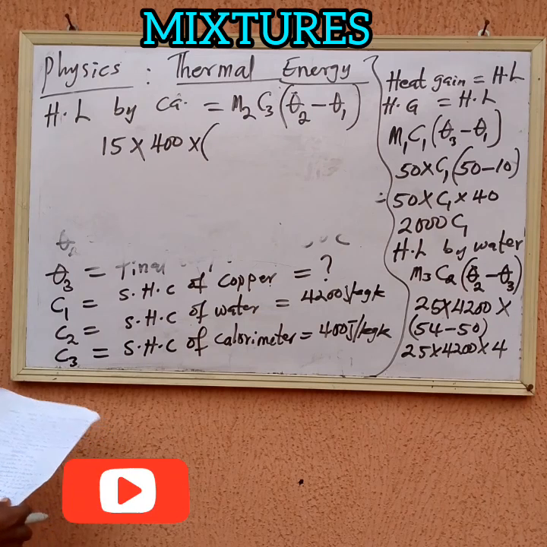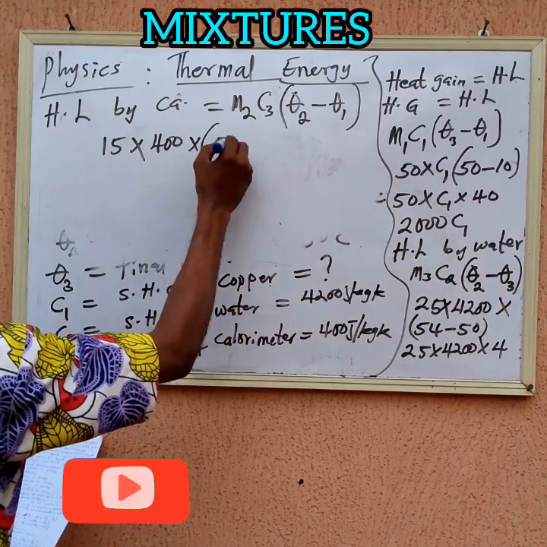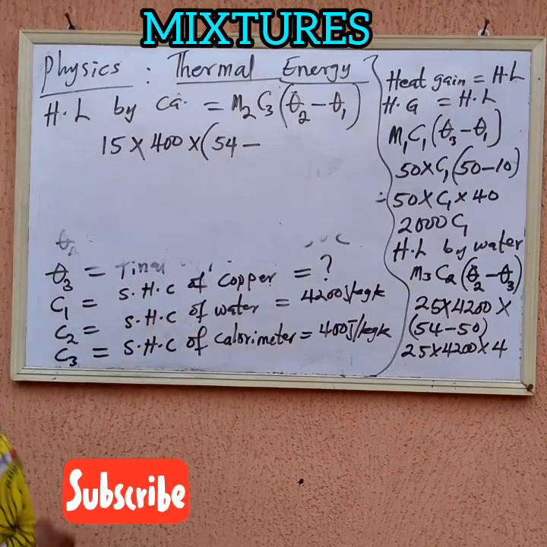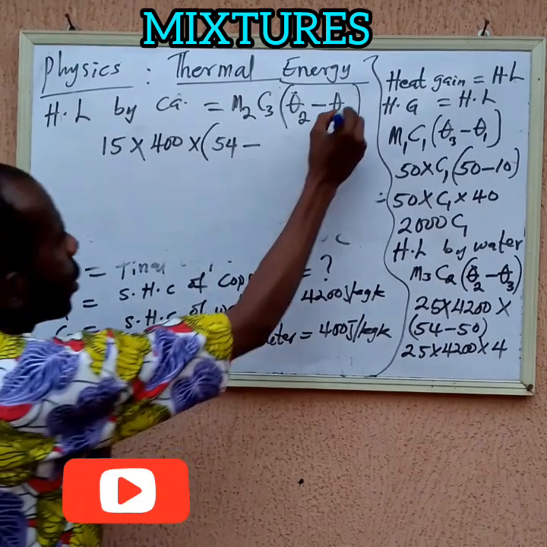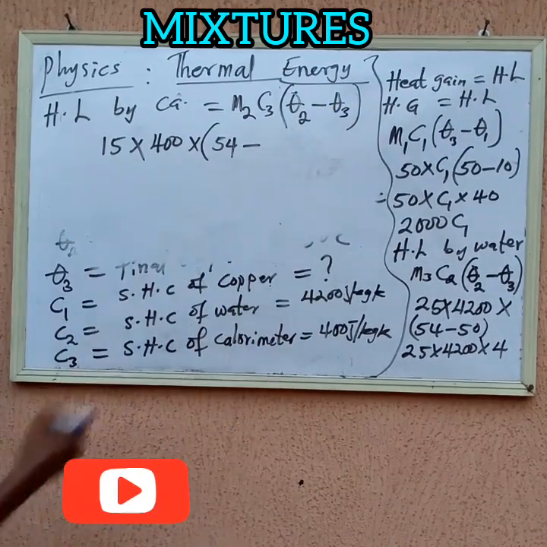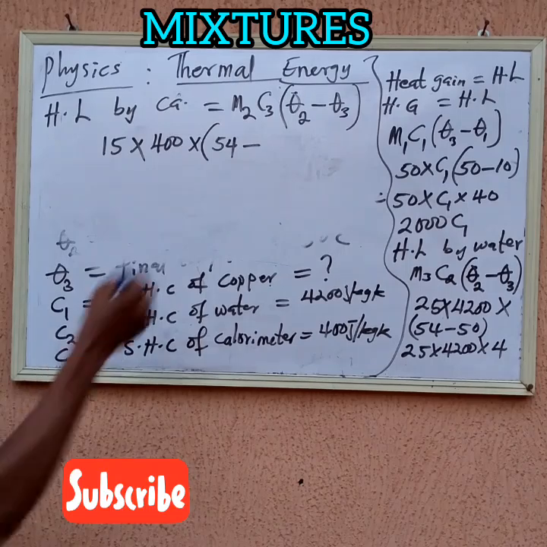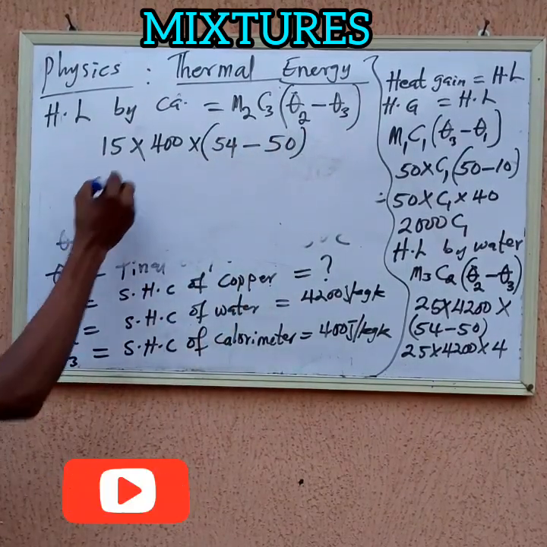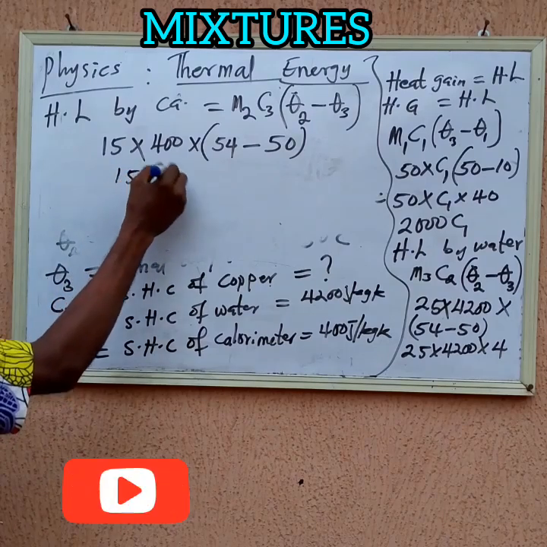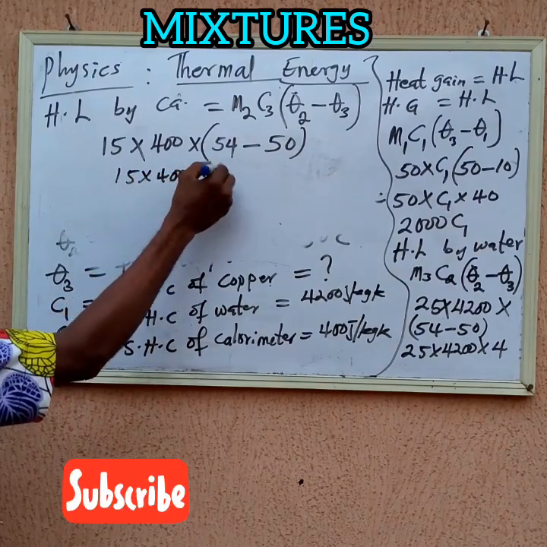Theta 2 is 54. Okay, sorry, this here is not supposed to be theta 1, this is supposed to be theta 3, because there is falling of temperature. So it's going to be 54 minus 50, which will now give us 15 times 400 times 4.